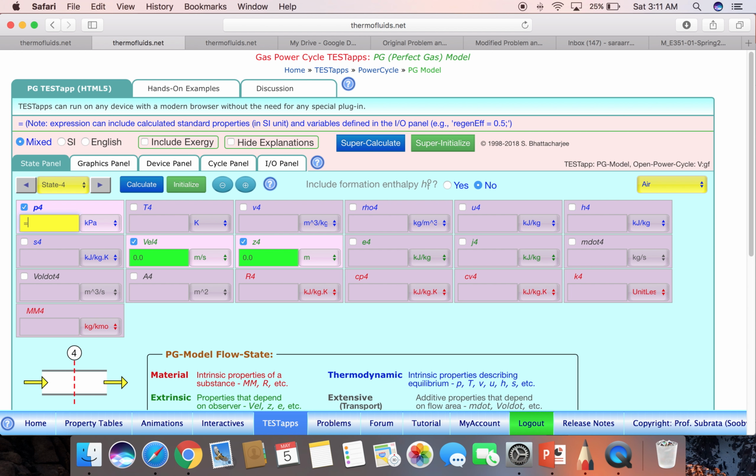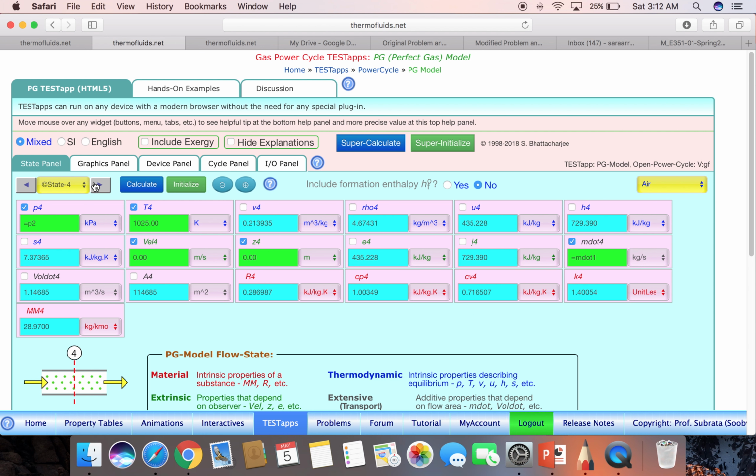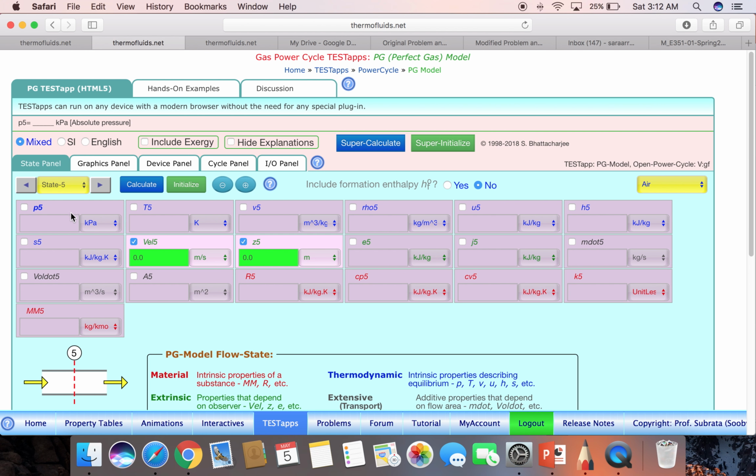Now that we have our state 3, we can calculate our state 4, which is from our previous cycle's state 3. This is the turbine, and we know m dot is constant. Now we have our state 4, and we can calculate our state 5, and we'll treat it as the ideal part.